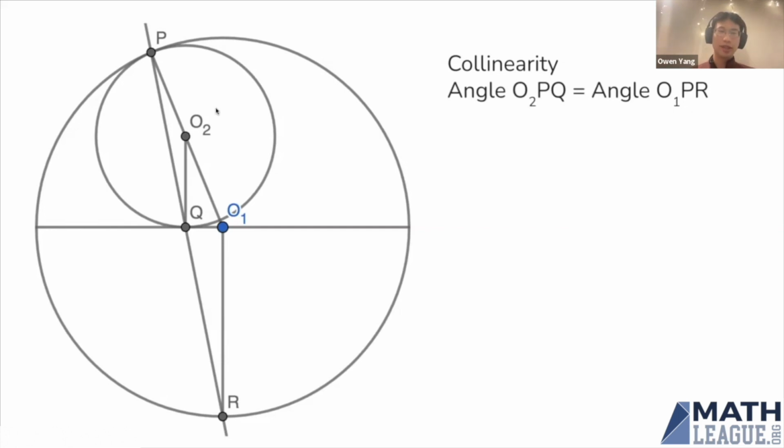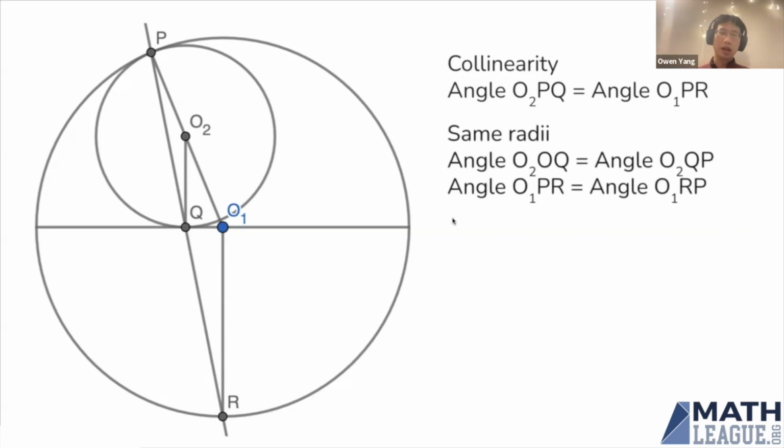This is just because O1 and O2 are on the same line as P, and Q and R and P are also collinear. Additionally, because these are circles, we have equal radii. So, for example, O2PQ is an isosceles triangle, and the same thing with O1PR. And from that, we get some more equal angles, which are just the equal angles in those isosceles triangles.